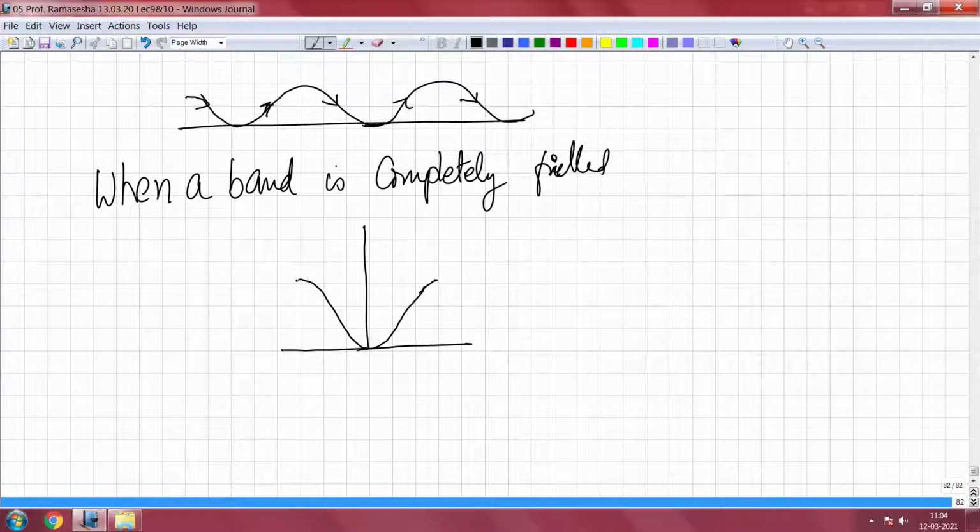So all the states are occupied. So I have electrons everywhere. So supposing I apply an electric field, if the electron at this position has to move up, the next quantum state must be vacant. If it is occupied, it cannot move.